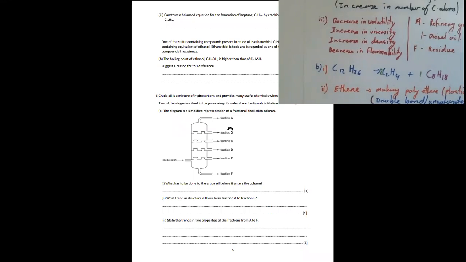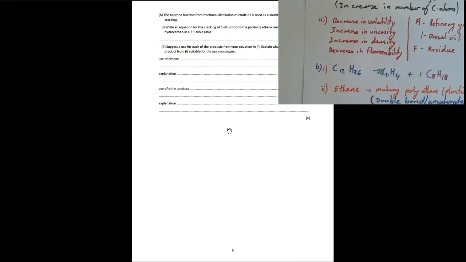Let's get to our last bit in this question. They say naphtha fraction from fractional distillation of crude oil is used as starting material for cracking. Write an equation for the cracking of C12H26 to form the products ethene and other hydrocarbons in a 2 to 1 mole ratio.